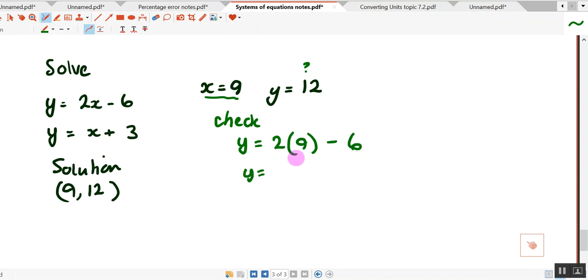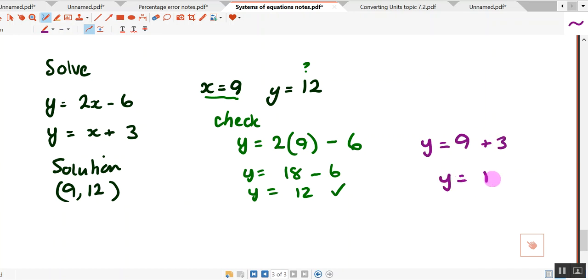So y equals 18 minus 6, which is y equals 12. That's good. What about the other one then? We've got y equals 9 plus 3. Y equals 12 is also good. They both give me the right thing.